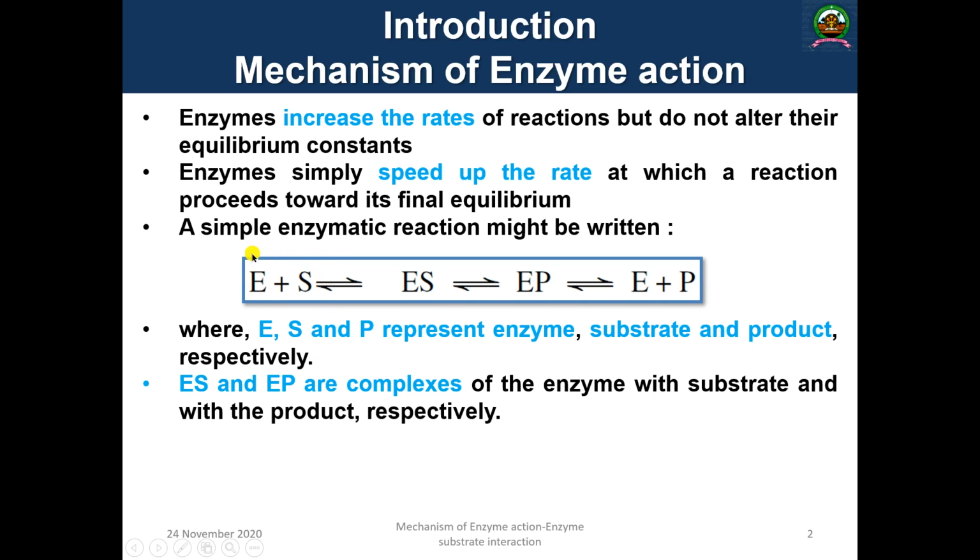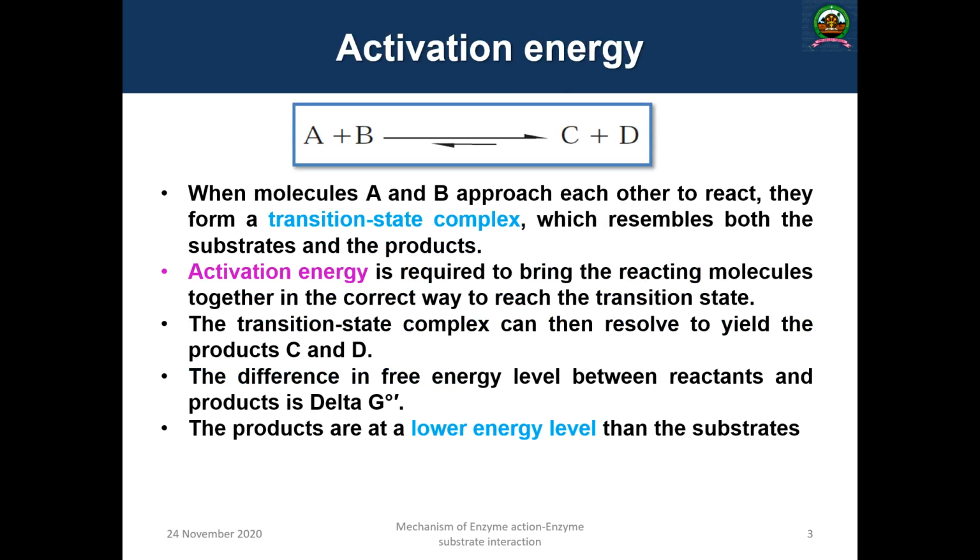In a conventional biological reaction without enzyme, any substance interacting with a catalyst requires some energy to activate. Then only it will bind, and that energy is known as activation energy. But in the case of an enzyme substrate reaction, there is a lowering of activation energy.